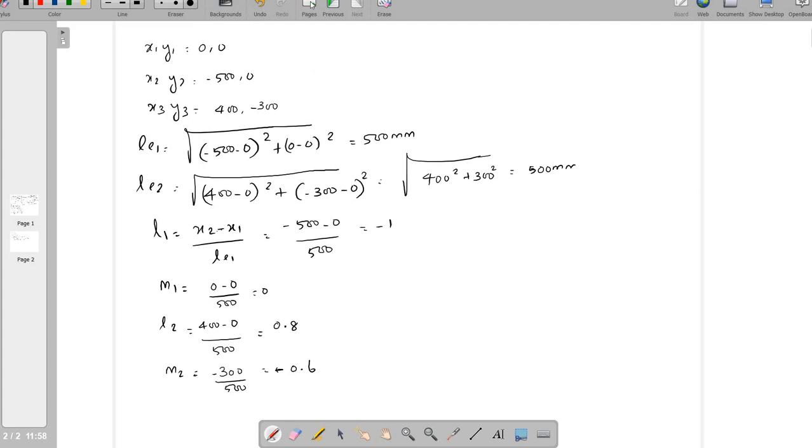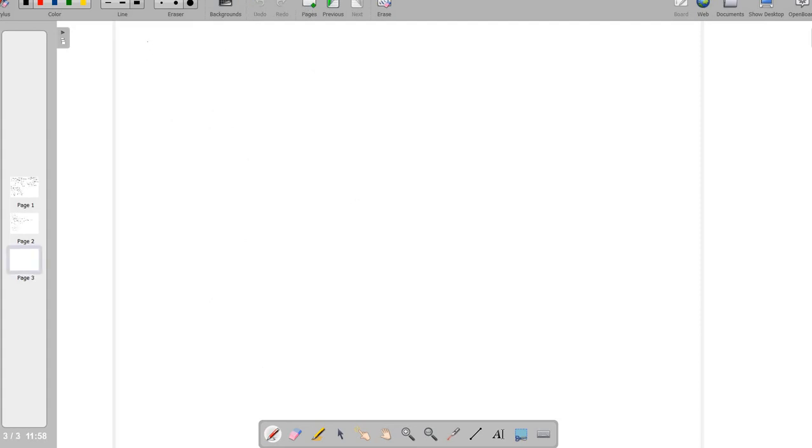So the next step is to assemble the element stiffness matrix. So we can name it as K1.